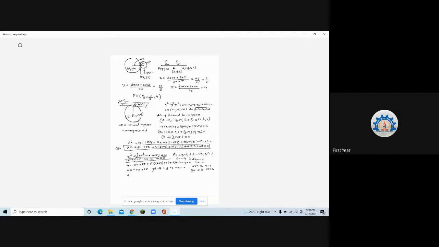So 2x gets cancelled with 4x, it will become 2x. Minus 2y plus y is minus y, plus 2z, and minus 8 minus 2 is minus 10, minus 4 is minus 14 is equal to 0. So this is the equation of the tangent plane. Is this clear to everyone?